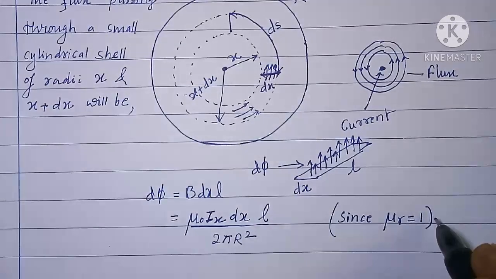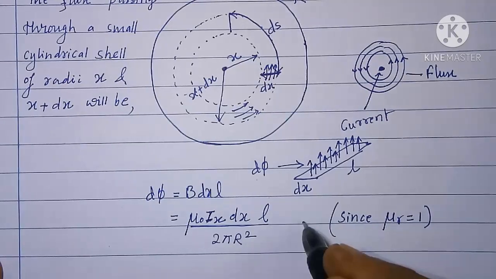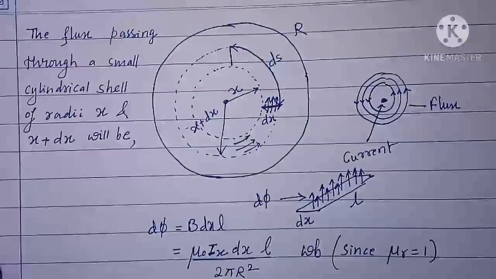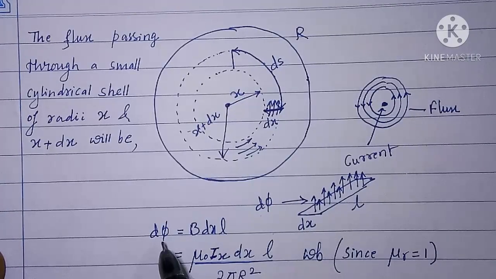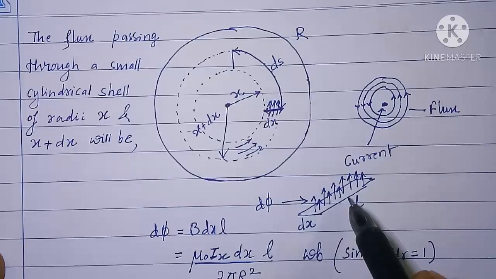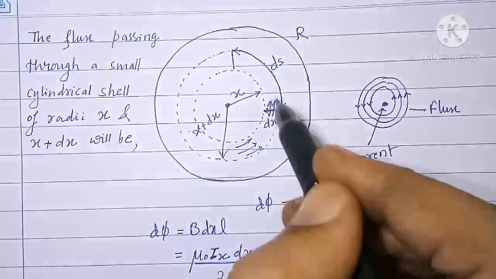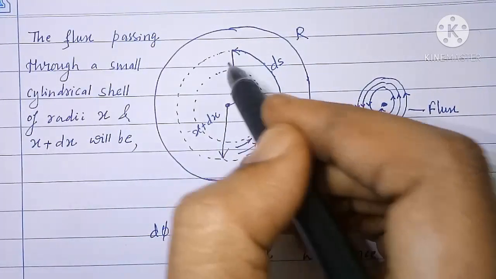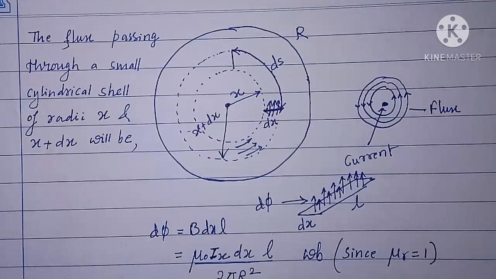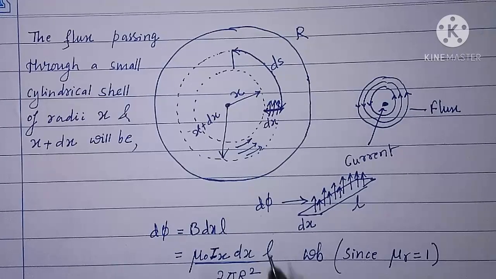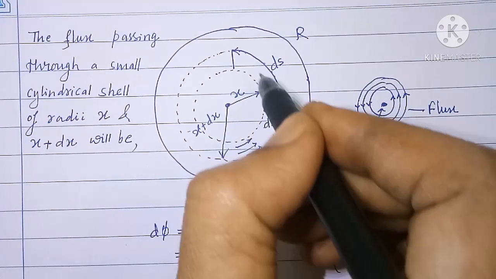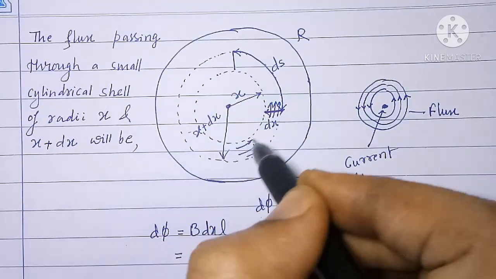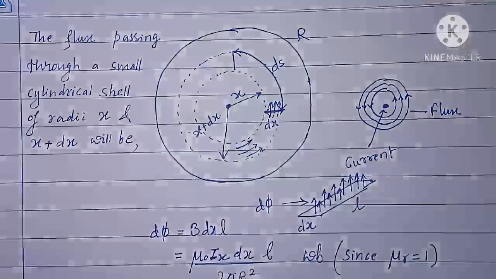Unit of flux is Weber. See, whether I say d phi as flux passing through this rectangular strip or as the flux passing through this cylindrical shell, both mean same. There will be no difference, because whatever the flux is passing through this strip, that same flux will be there in this entire cylindrical shell.